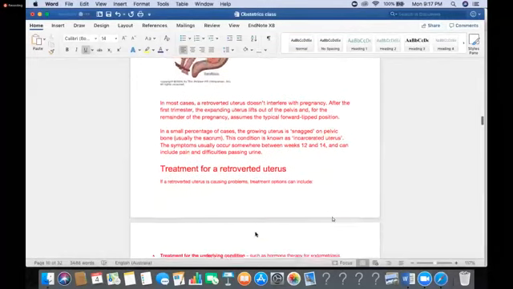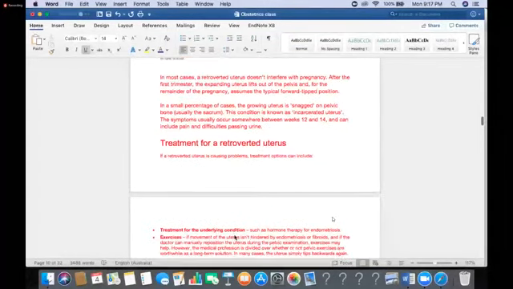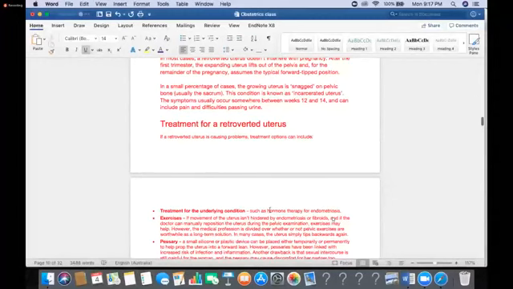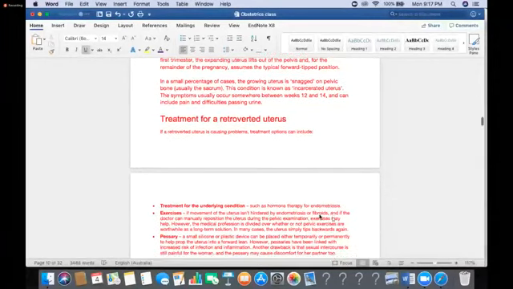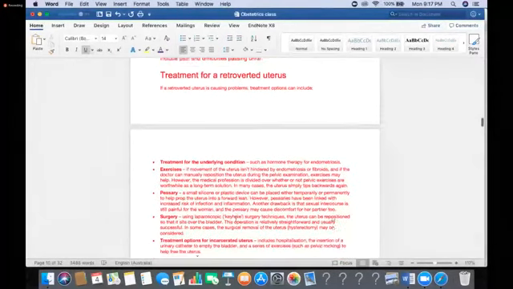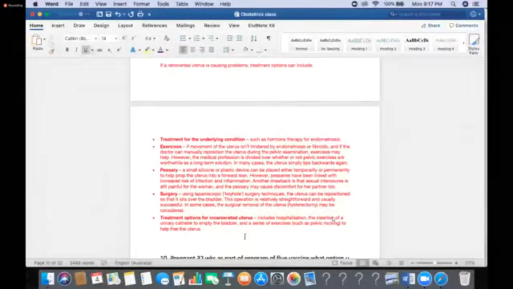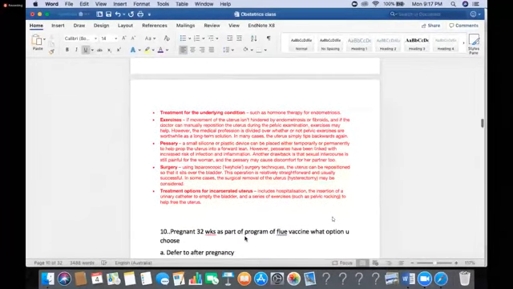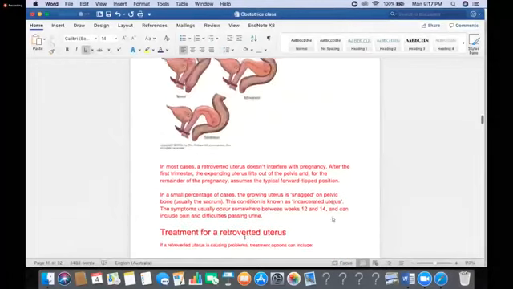Treatment of the retroverted uterus is the treatment of underlying conditions such as hormonal ones, so you have to always check for underlying conditions. The next is exercises, the next is pessary, the next is surgery. You will again check for any incarcerated uterus and give hospitalization.